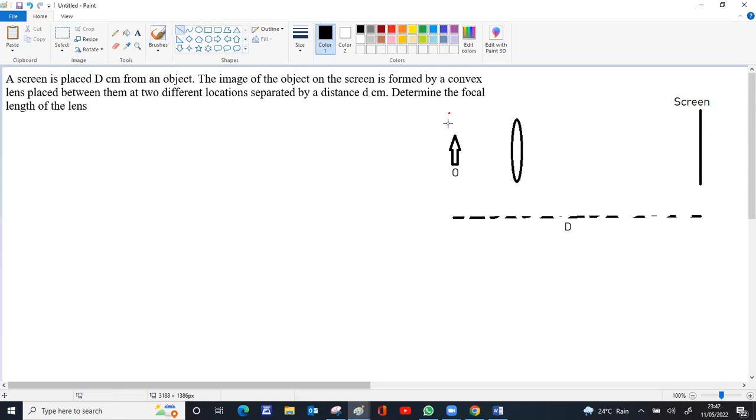So the distance from the object to the lens in the first case be u, U1, first case u.